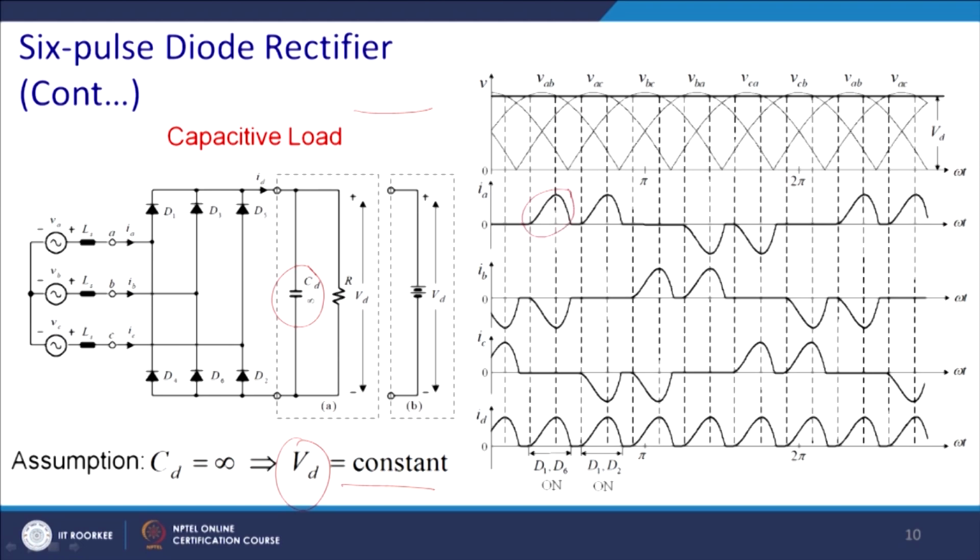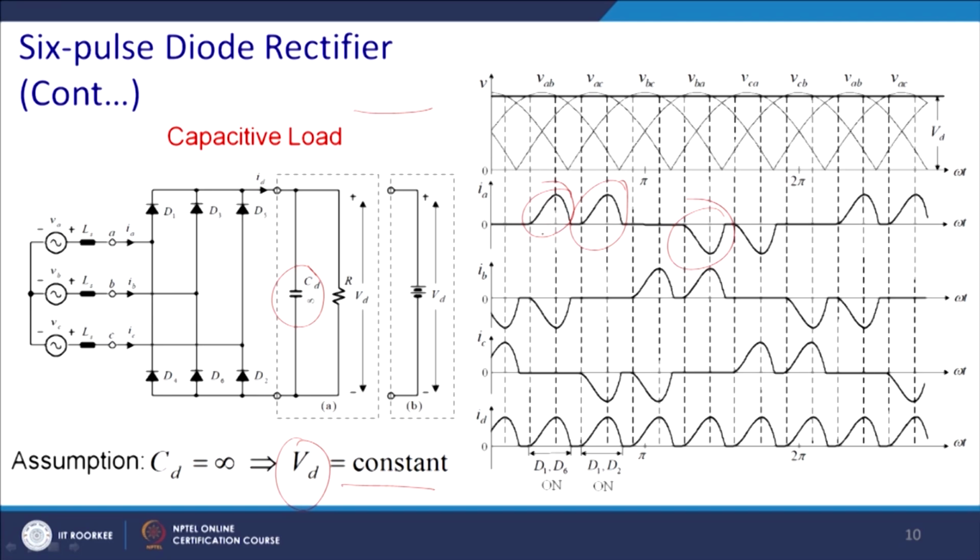So, current will flow only for this duration, again it will flow for AC when it goes high for these durations, similarly for BA and CA and so on.